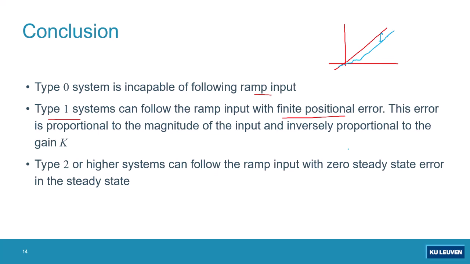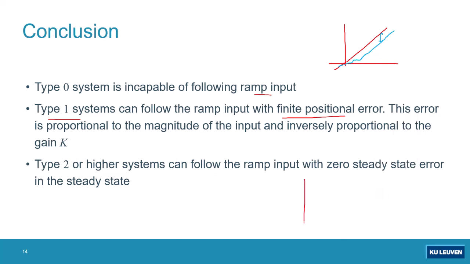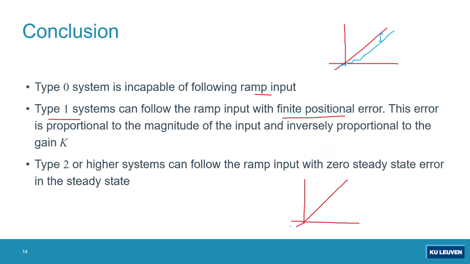On the other hand, if you have type 2 or higher system, the steady state response will be able to follow the ramp input perfectly with zero error. Meaning again, if we have a ramp input given to a type 2 or higher system, the response probably will be something like this.